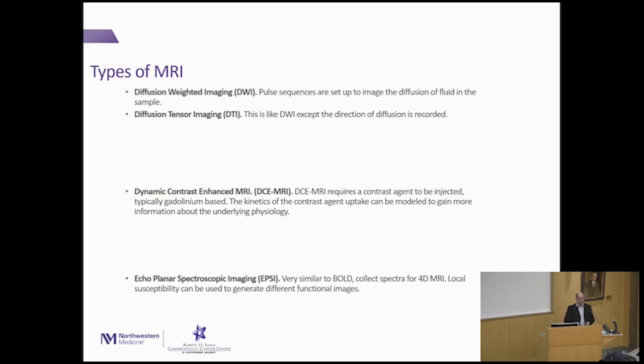So BOLD MRI is just a particular version of fMRI, but they often get used interchangeably. But what BOLD stands for is blood oxygen level dependent imaging, or deoxyhemoglobin imaging. So you're imaging the change of oxygen from oxygenated to deoxygenated.